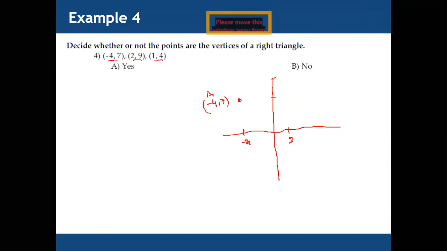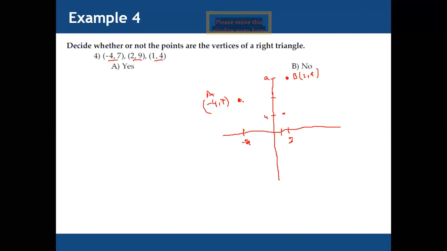Let's suppose this point is 9. So joining this point, this is point B equal to 2 and 9. Next one, C, 1 and 4. So 1 and let's suppose 4, this point.